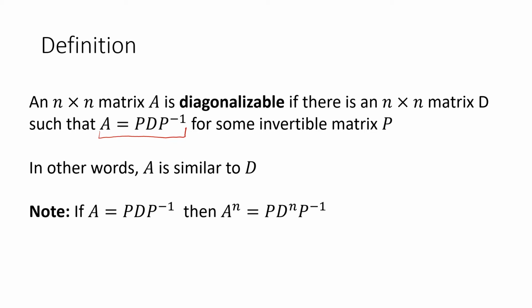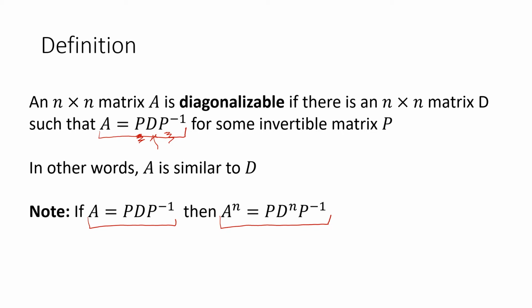So if you have A equals some invertible matrix P times a diagonal matrix D times the inverse of that P matrix, then we say that A is diagonalizable, or we say that A is similar to a diagonal matrix. And note we looked at this last time, that if A is similar to a diagonal matrix, then A raised to the n is similar to the matrix D raised to the n.